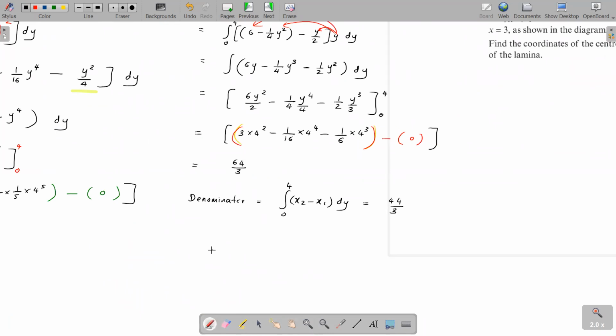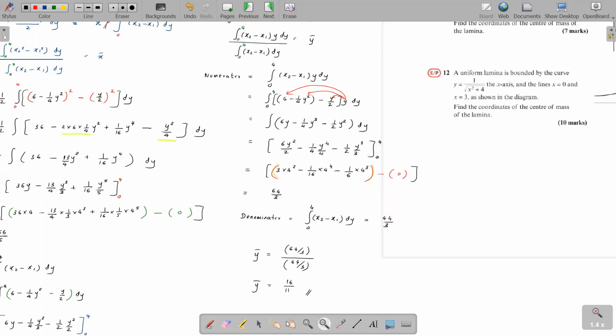So therefore your x bar, sorry, we are finding y bar now, right? So for y bar, the numerator is 64 over 3 divided by the denominator 44 over 3. So what's the final answer for y bar? 16 over 11. So guys, this is the answer for y bar. Can you see? So this is the answer.